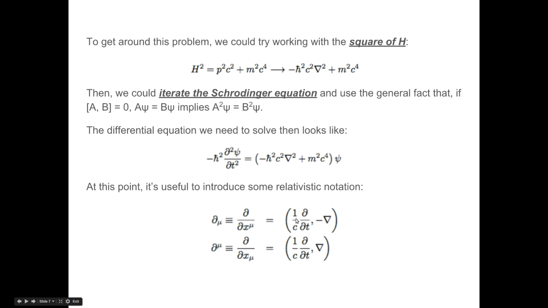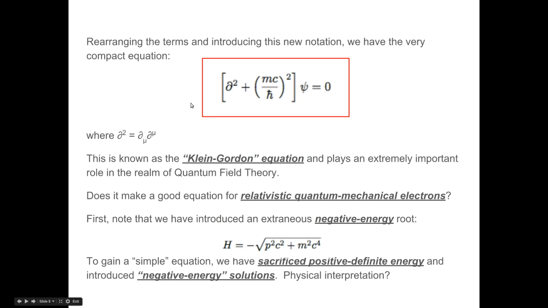The first component is the time derivative, and the 2, 3, and 4 components are the spatial derivatives. And you can define a contravariant derivative. If you do that, you notice that this term combined with this term is nothing but del squared, where del squared is del mu dotted into del mu.